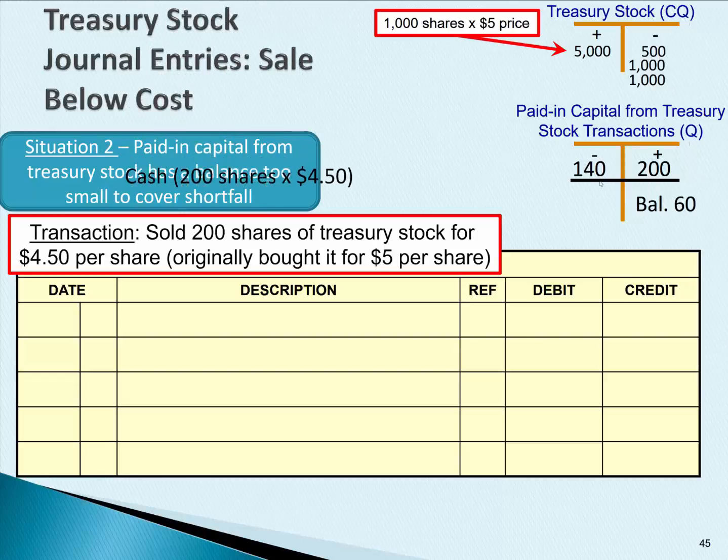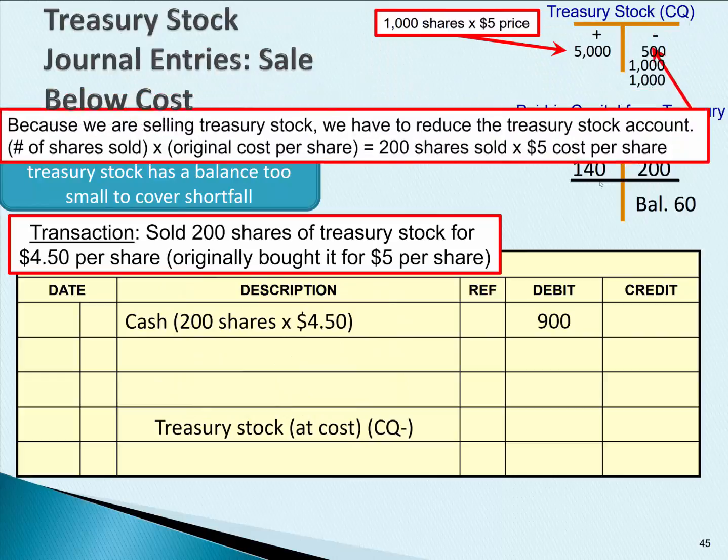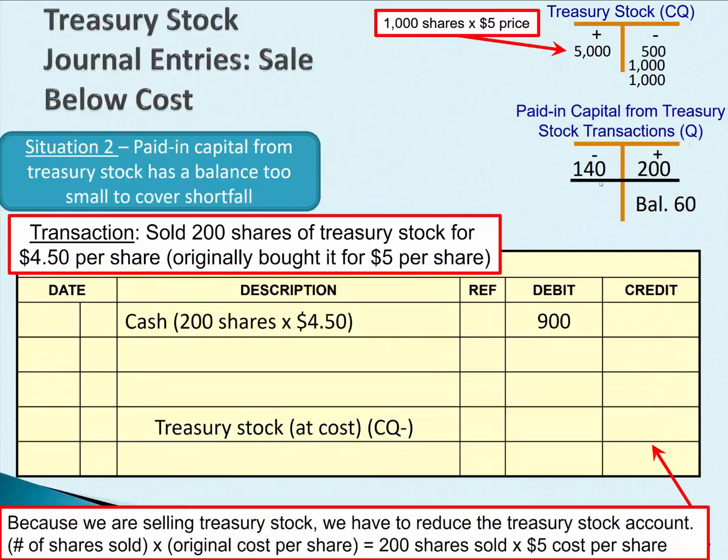So let's record the cash going up. And now we have to lower the Treasury stock account, but that has to be at the $5 cost. So that's going to be 200 shares times $5. Let's post that to the T account.